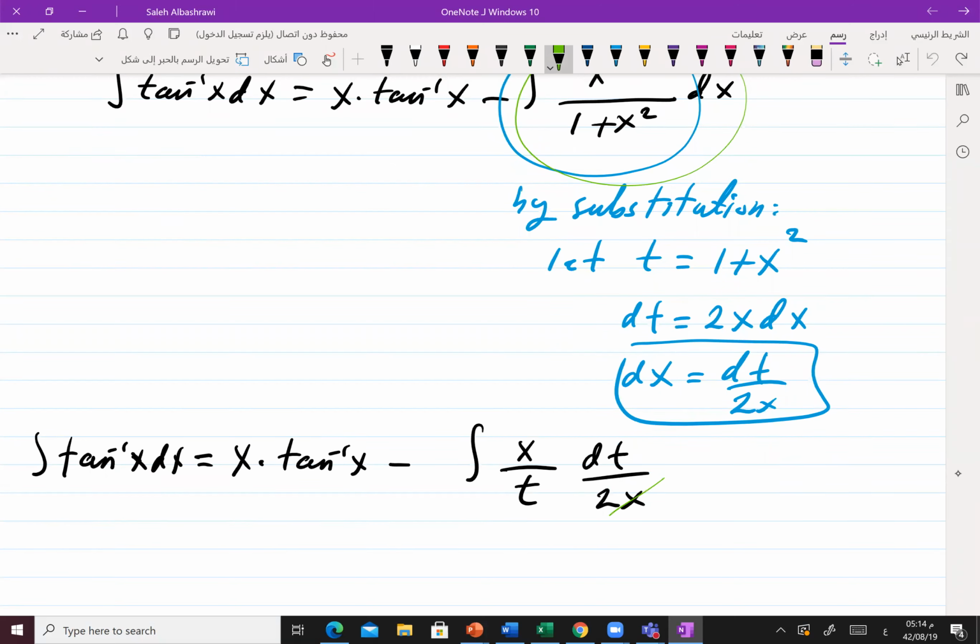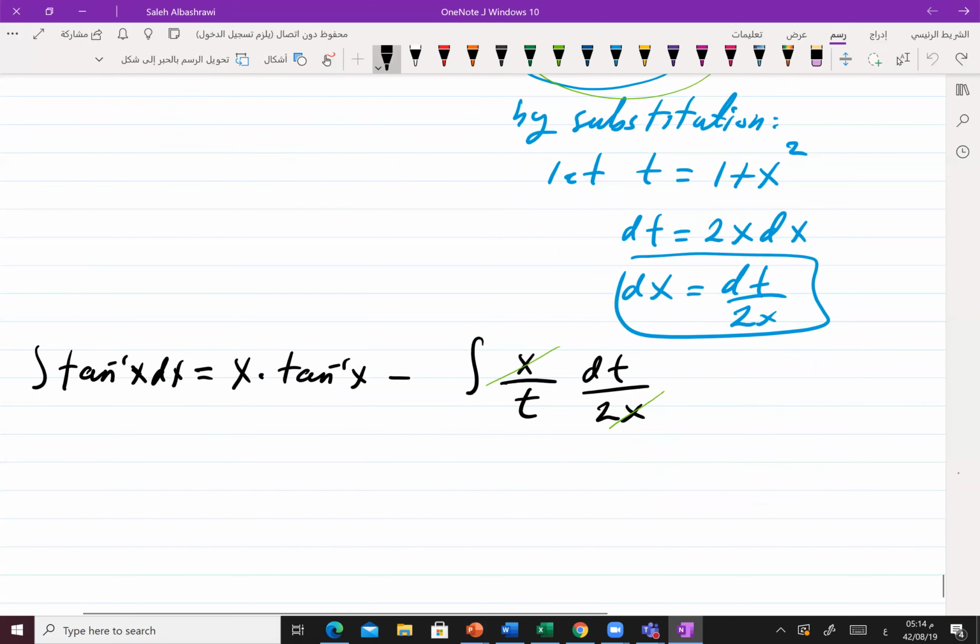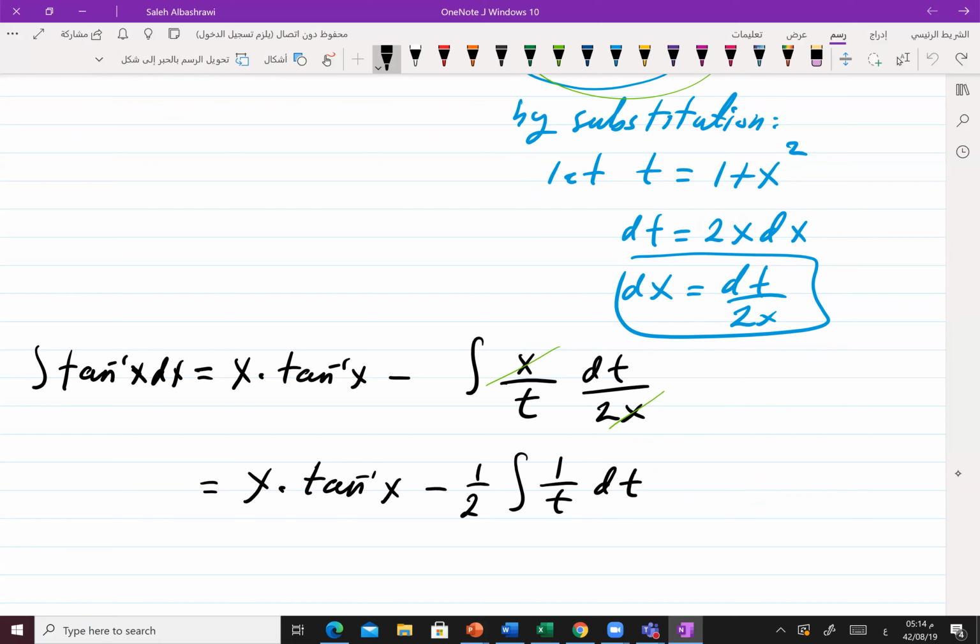Now I will simplify: x with x will be cancelled. So I will have x multiplied by tan inverse x minus, taking 1/2 outside, integration of 1 over t dt.